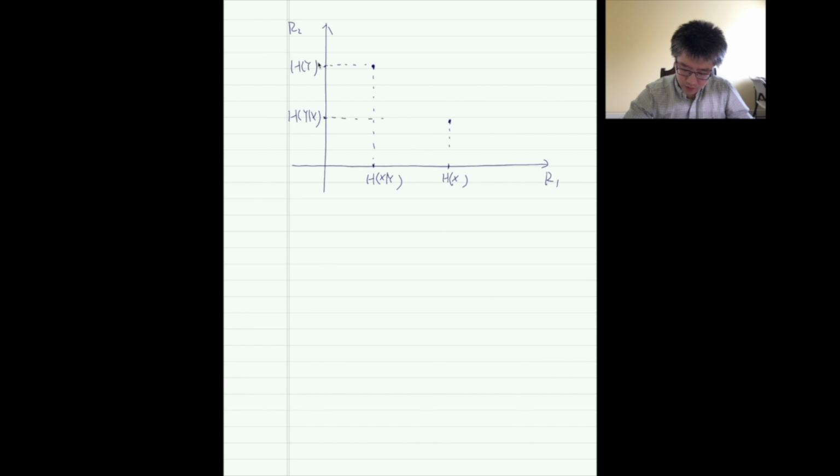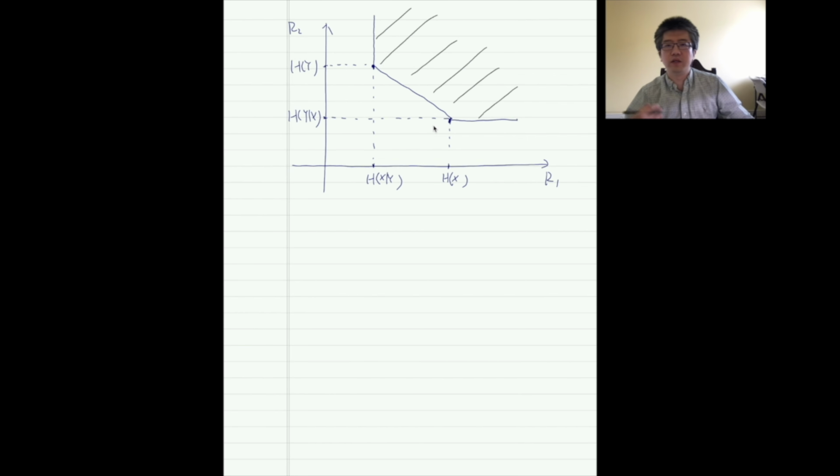And similarly for this point, this guy plus this guy equals the joint entropy. These two points are achievable. So actually this line is achievable. And we say R1, R2, and R1 plus R2 are bigger than those points, which basically means that everything here is achievable.